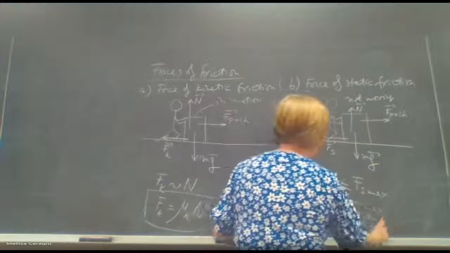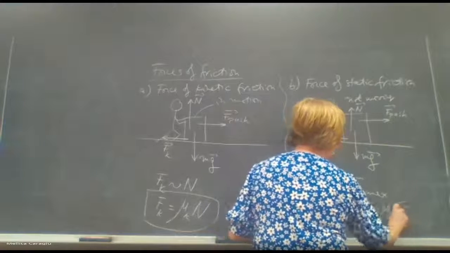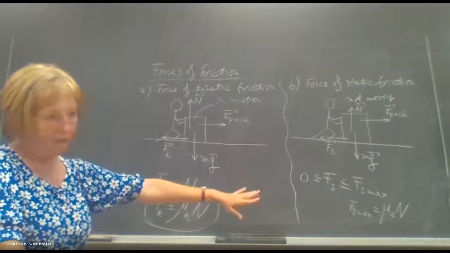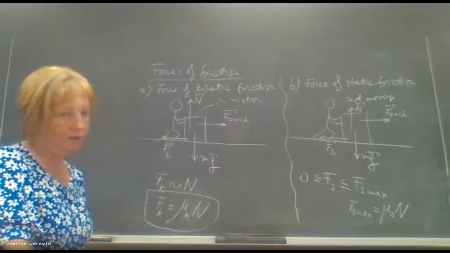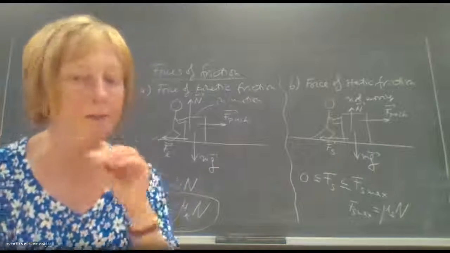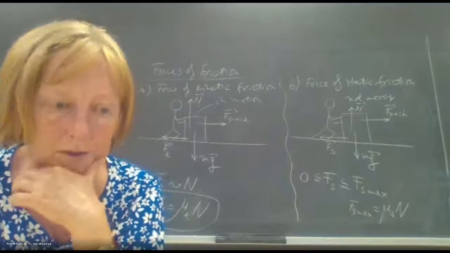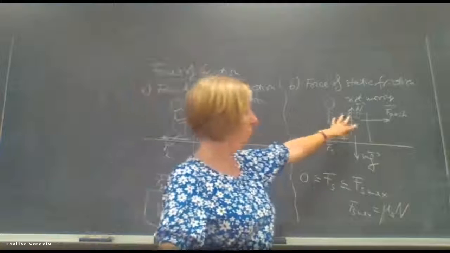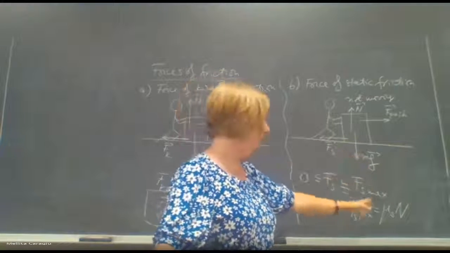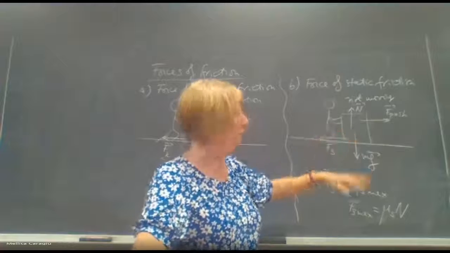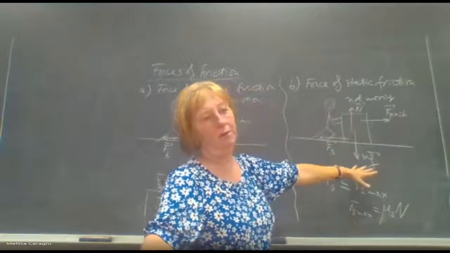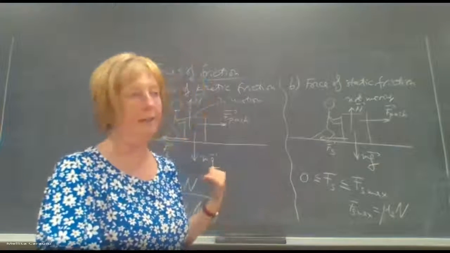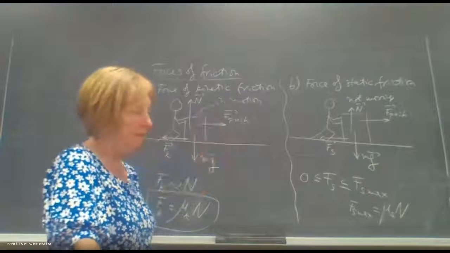It's going to be the coefficient of static friction times N. And again, the coefficient of static friction, just like the coefficient of kinetic friction, is just a number, right? It doesn't have a unit associated with it. You take it from tables. So if you have a wooden crate on a wooden floor, the coefficient of static friction is something. If you have a wooden crate on a steel floor, the coefficient of static friction is something else, right? So we look them up in tables.